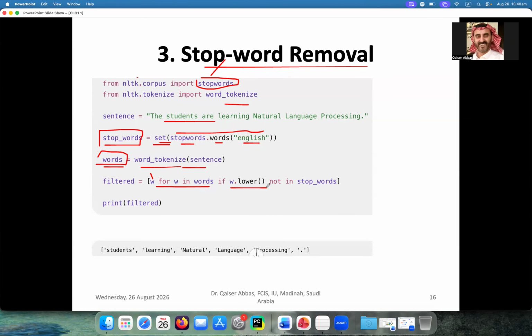After converting it, you are checking not in stop words. In stop words, you have all the stop words.